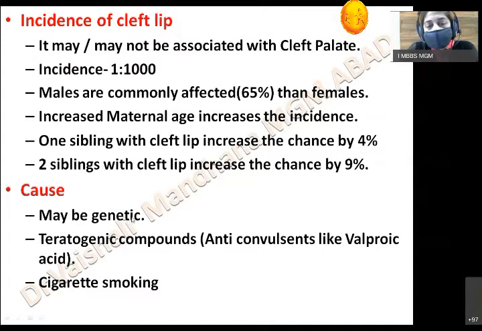It may be genetic; you can get cleft lip and cleft palate in many syndromes, like Patau syndrome or Edwards syndrome. Or individually, cleft lip may be because of valproic acid or cigarette smoking.